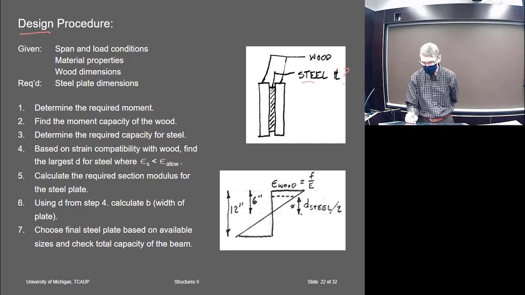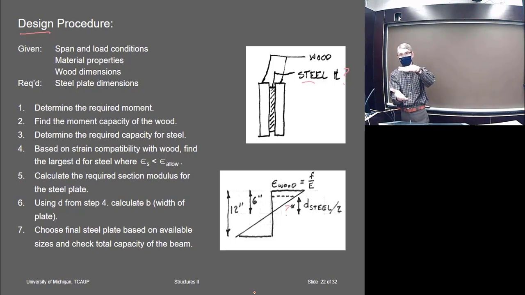You also have to choose the depth of the steel here so that the steel is not overstrained. So if you're designing it, you're able to choose that depth, right? And you're going to assume that the wood is going to be stressed to its limit. But the wood's a little bit weaker material, so if I run the steel up to the same depth as the wood, I'll probably overstress the steel if I bring the wood all the way up to the maximum strain of the wood.